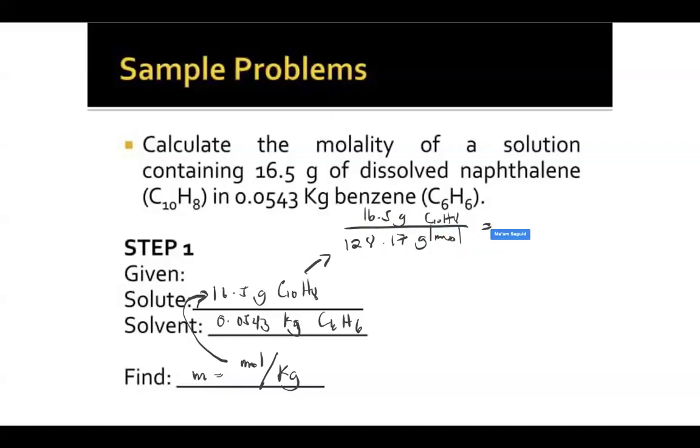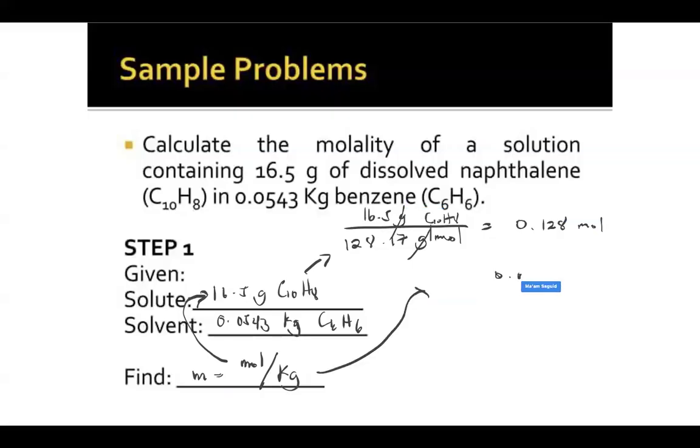Now, divide 16.5 grams of C10H8 by this molar mass. So you will get the amount of moles of the naphthalene, which is equivalent to 16.5 divided by 128.17 is equal to 0.128 moles. Now, cancel out grams here and then we can now directly substitute the values.